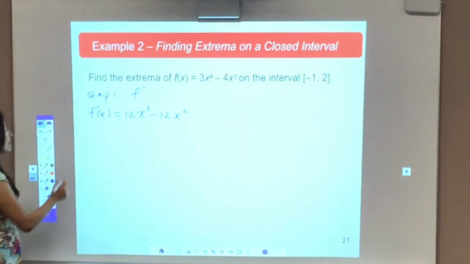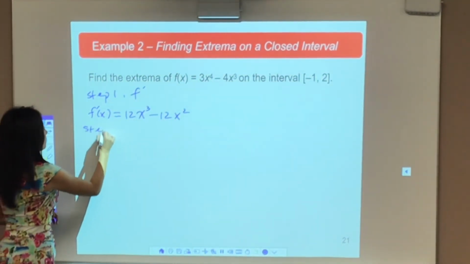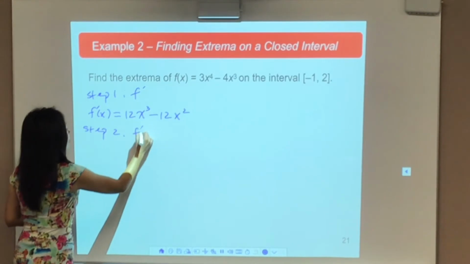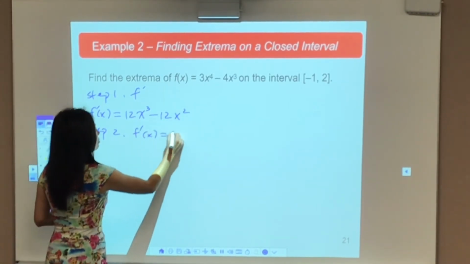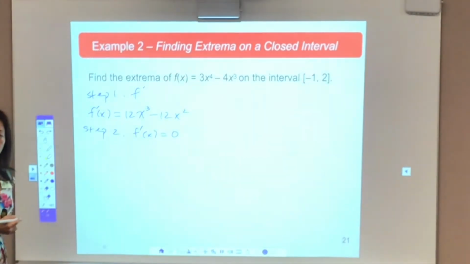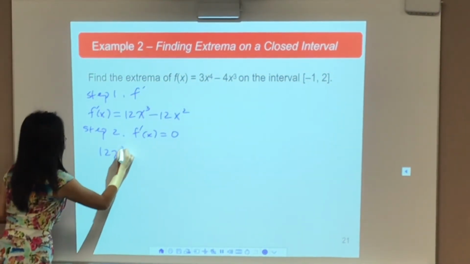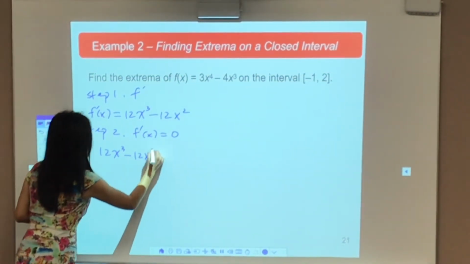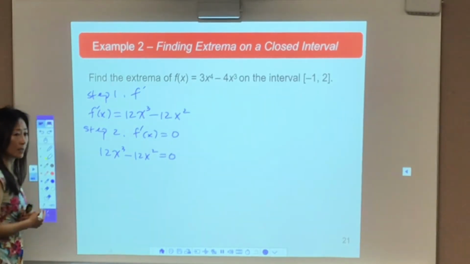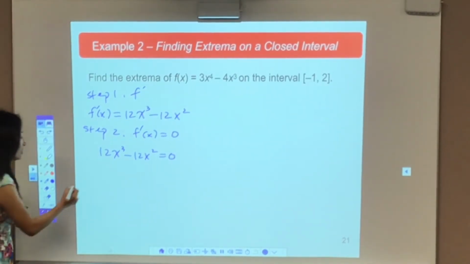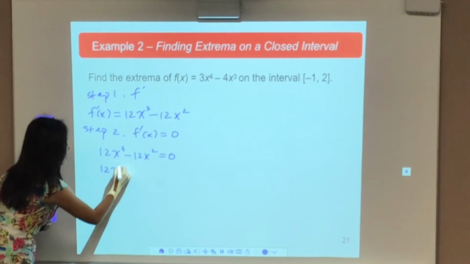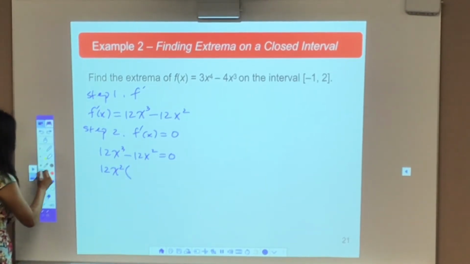We got that? What's my second step? You set it equal to 0. So I'm going to say 12x to the third minus 12x squared equals 0. My common factor is 12 and then x squared. Does everybody agree? Yes.